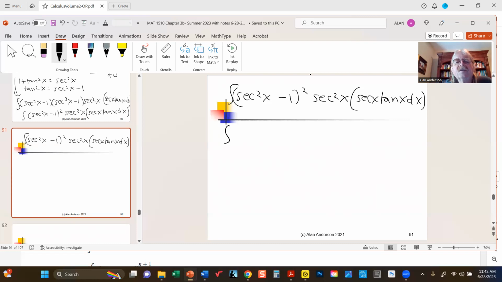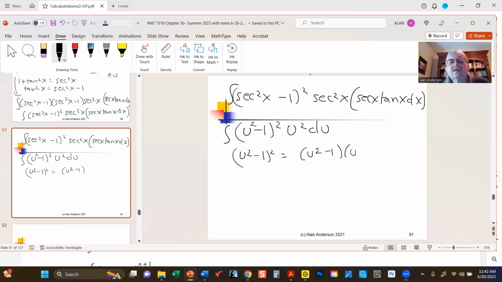Now we can use u substitution. Okay, well now we're getting somewhere. Yeah, there's a lot of algebra coming up, but we can handle this. So first things first, let's see what to do. u squared minus 1 squared.